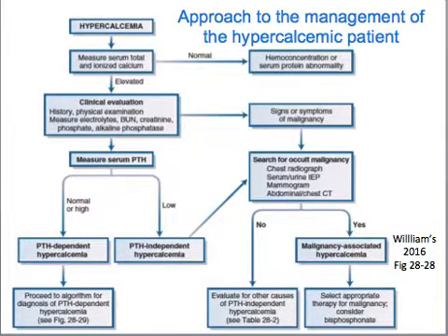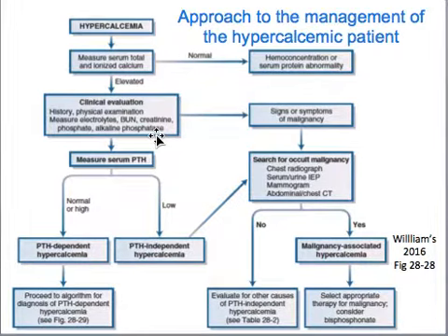So if you have a patient with hypercalcemia, usually we confirm it with another blood calcium level, either total calcium with an albumin level or your ionized calcium. If it's really persistently elevated, then you look at the clinical picture of the patient. By history and physical exam, does the patient have excess ingestion of vitamin D? Does the patient have cancer, etc.? And then we measure the other electrolytes as well as your BUN, creatinine, phosphate, and alkaline phosphatase.